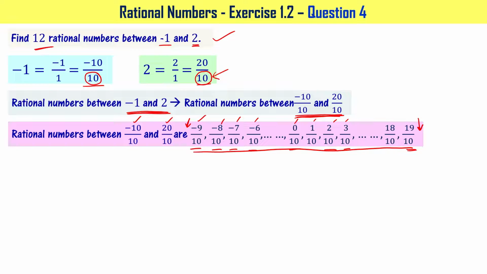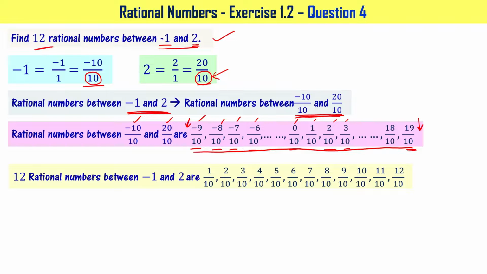Let me write 12 rational numbers from this list so that I can say those are the numbers which are in between minus 1 and 2. So the rational numbers between minus 1 and 2 are, now I have picked these numbers 1/10 onwards, 1/10, 2/10, 3/10, 4/10, 5/10, 6/10, 7/10, 8/10, 9/10, 10/10, 11/10, 12/10.